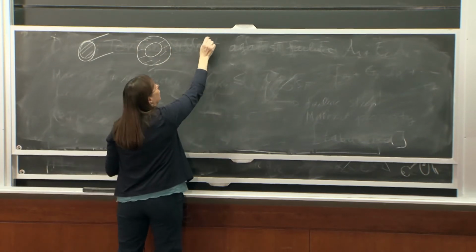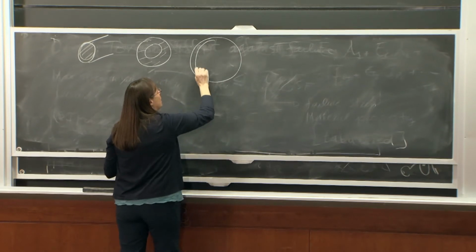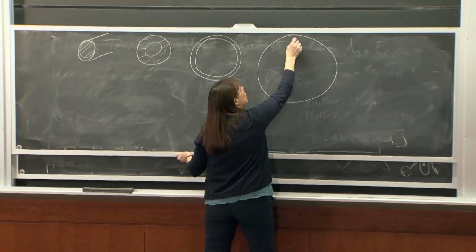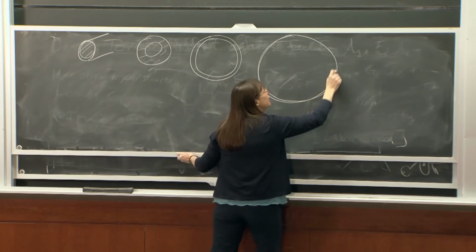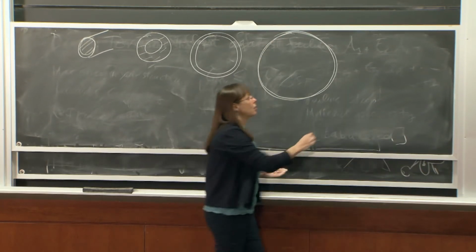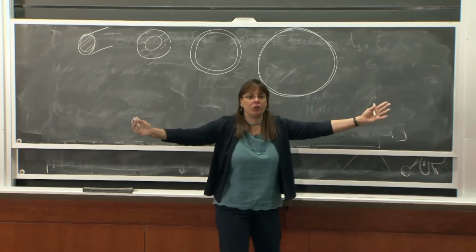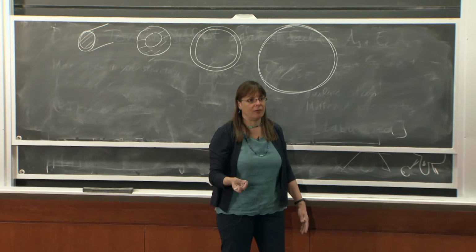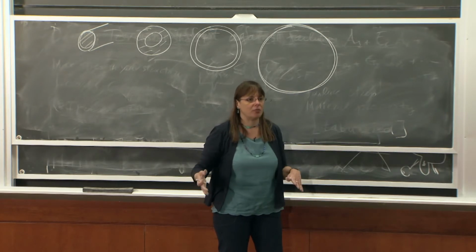If I make a calculation, this one is going to be even better, and this one even better. I keep going and going, and I have this humongous shaft with a very, very thin wall. And you're like, oh, this is so effective, except for the fact that it takes up a lot of space.